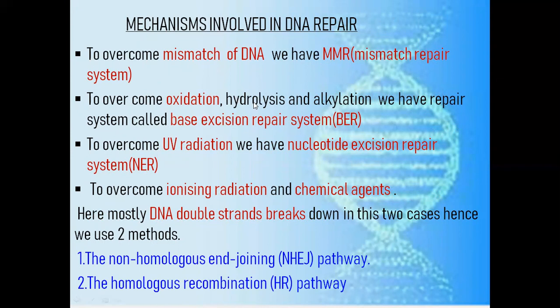To overcome UV radiation, we have the nucleotide excision repair system. To overcome ionizing radiations and chemical agents which cause DNA double strand breaks, we have two pathways, that is non-homologous end joining, the NHEJ pathway, and the homologous recombination HR pathway.